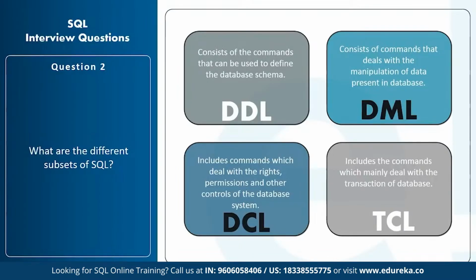This basically includes the commands which deal with the transactions of the database. Whenever you want to roll back or perform various kinds of transactions, you use the set of commands from this language. I hope I'm clear. So as I said, there are mainly 4 different subsets of SQL that you should mention: the data definition language, the data manipulation language, the data control language, and the transaction control language.